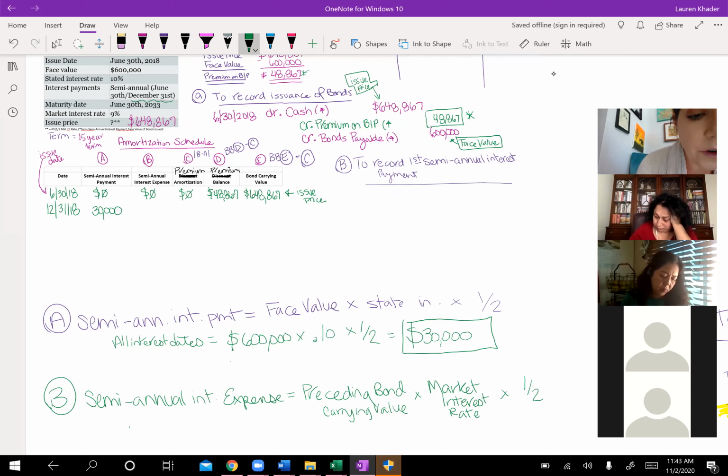So the 12/31/2018 interest expense calculation is the preceding bond carrying value, 648,867, our issue price here, times the market interest rate, which was 9% annually, times 1/2, because these bonds pay out interest twice per year.